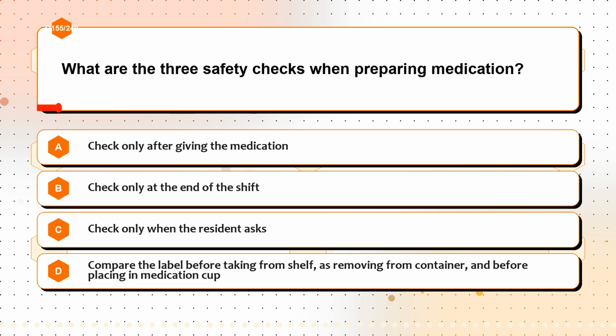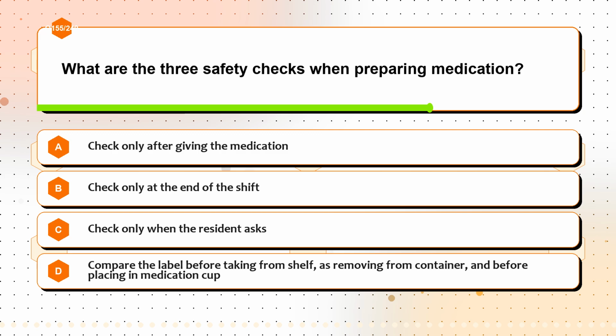Question 155. What are the 3 safety checks when preparing medication? Here are the options. Option A. Check only after giving the medication. Option B. Check only at the end of the shift. Option C. Check only when the resident asks.